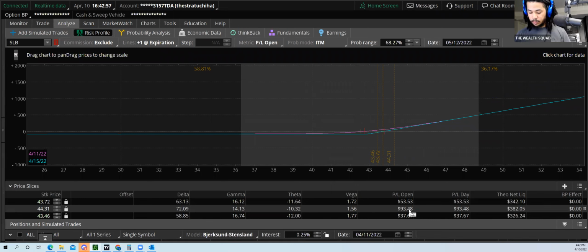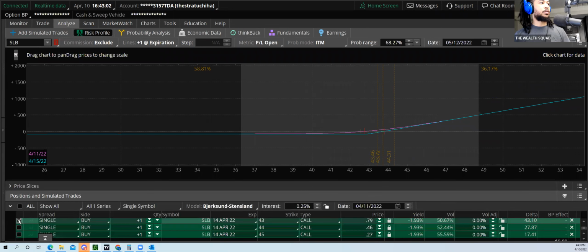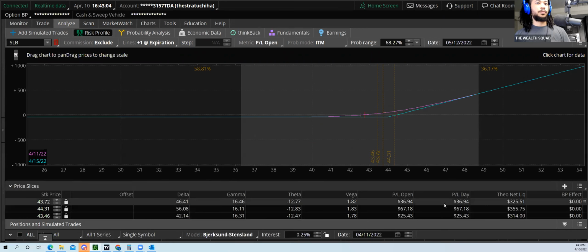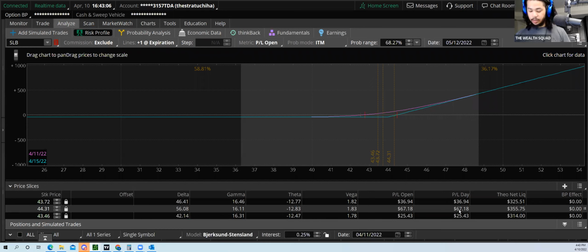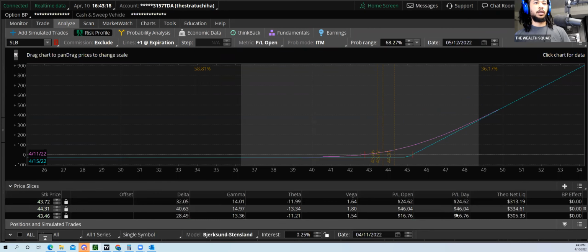And then for the second contract, it would be 67.18. And then for the last contract, the 45, that would be 46.04.